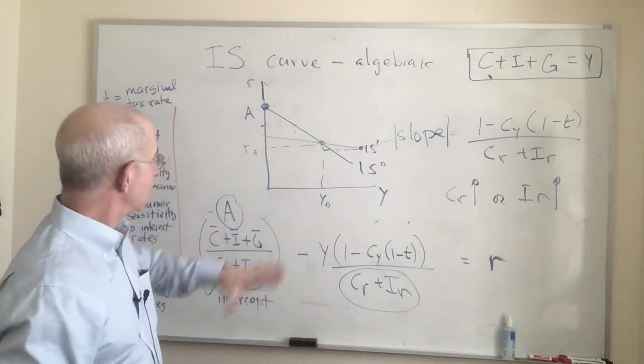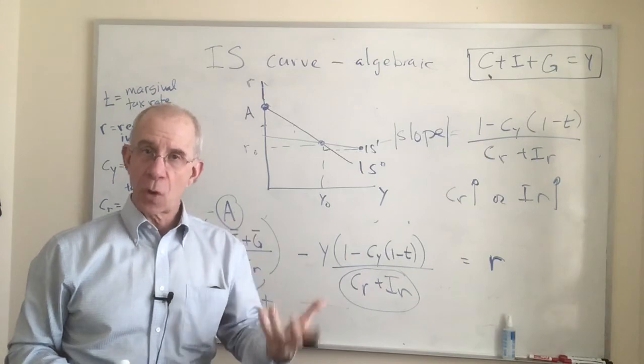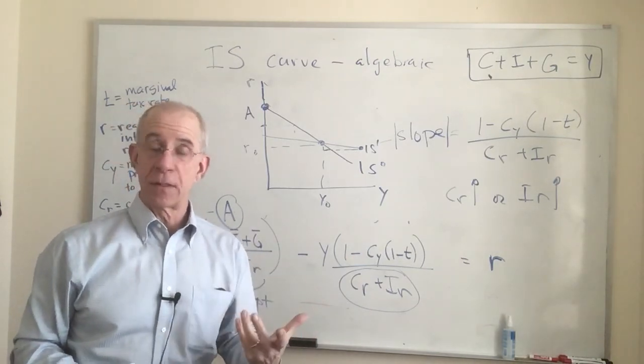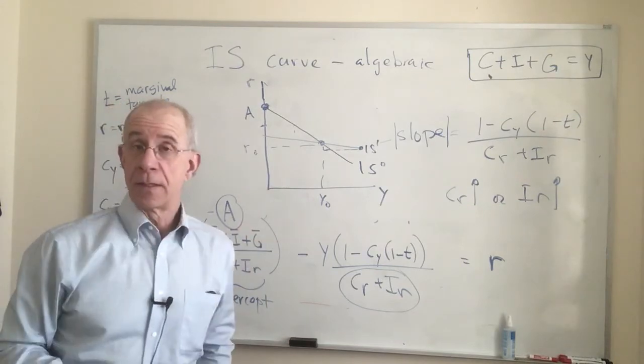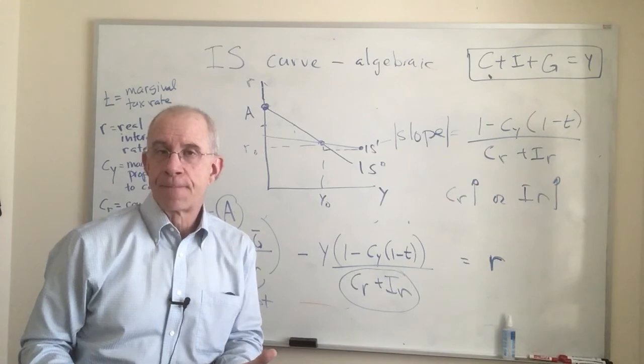So what you see here is a number of ways that we can interpret the consumer, investor behavior, government decisions in an IS curve in a more explicit way.